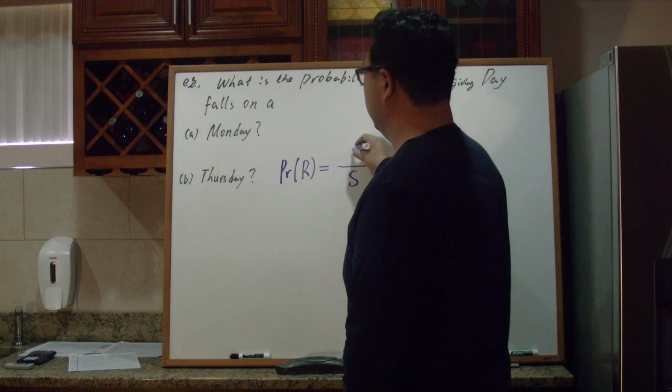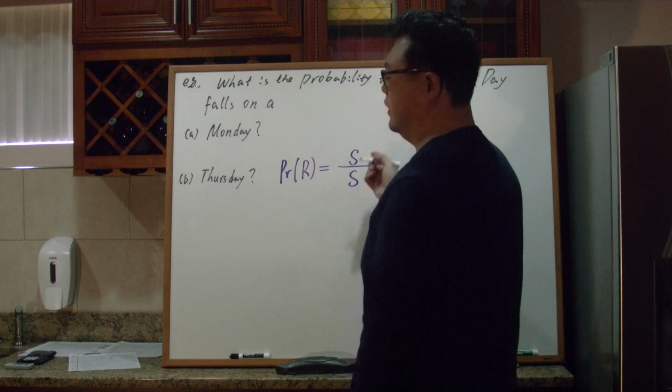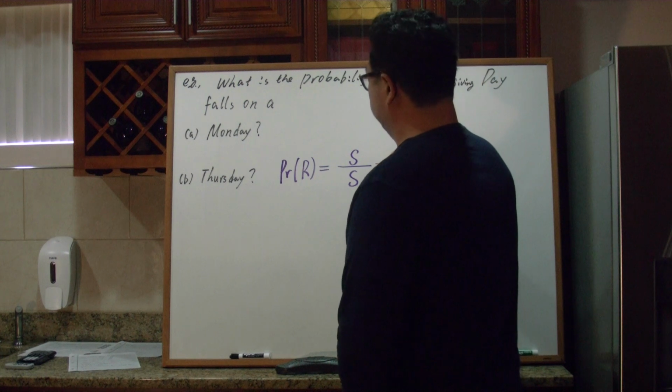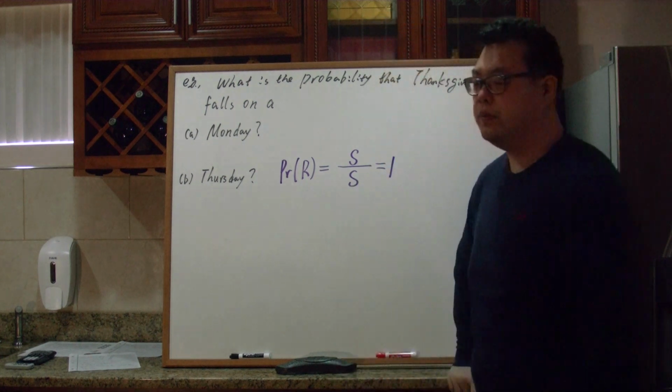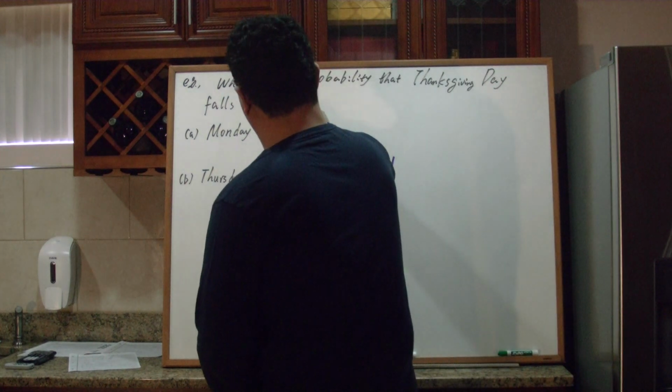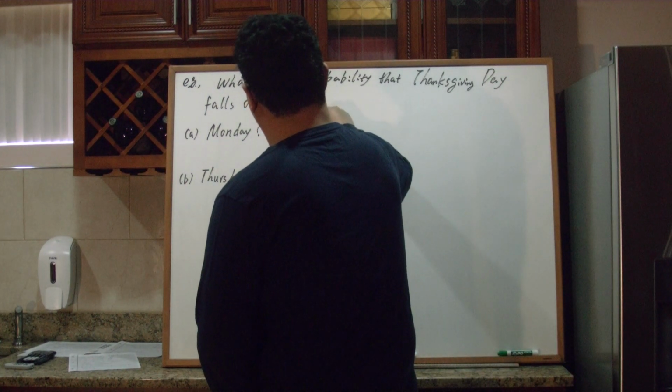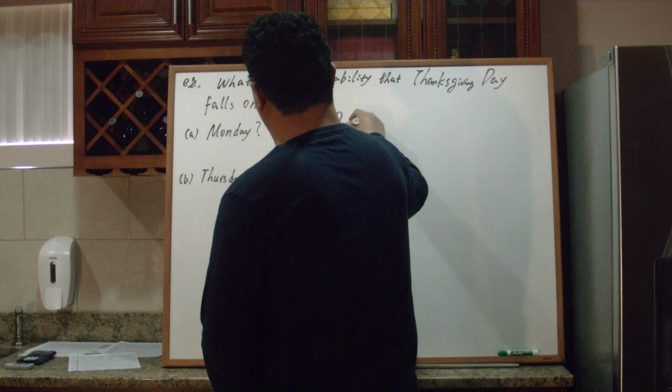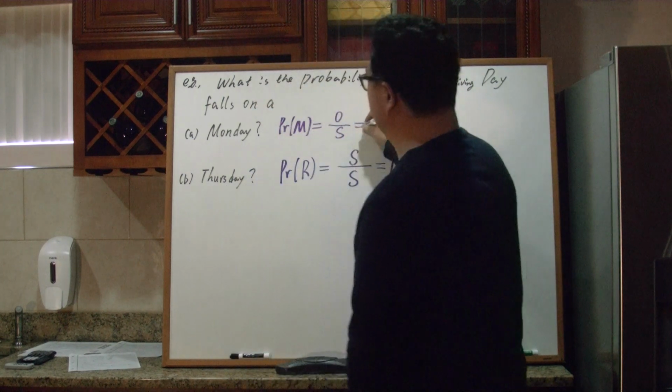As for different years we observe, it should always fall on that, which basically is probability 1. And falling on a Monday, that's never, whichever day we observe, that is 0.